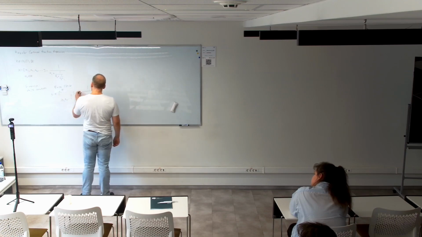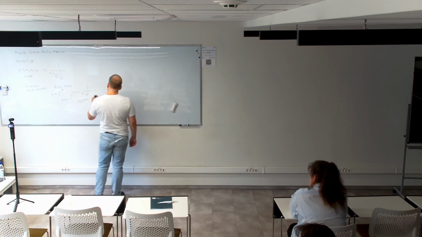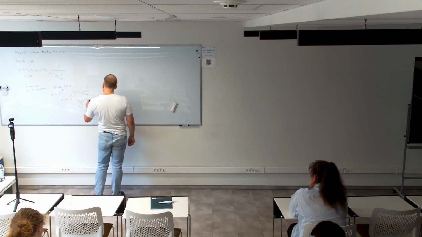If you map S to 1 over a1 plus 1 over a2 plus ... this is a bijection between the Baire space and the irrational numbers in (0,1).